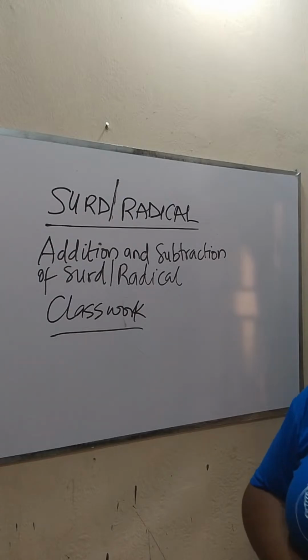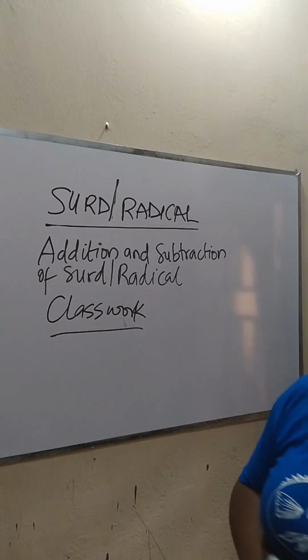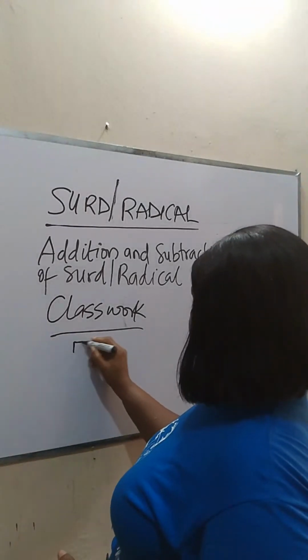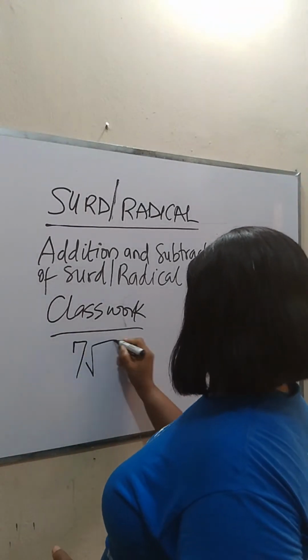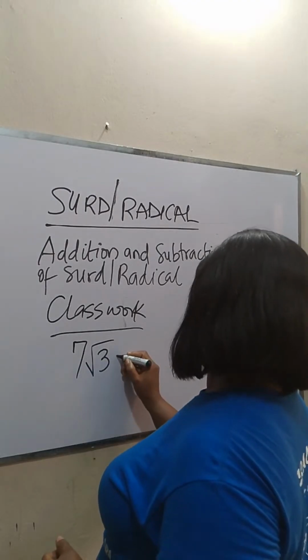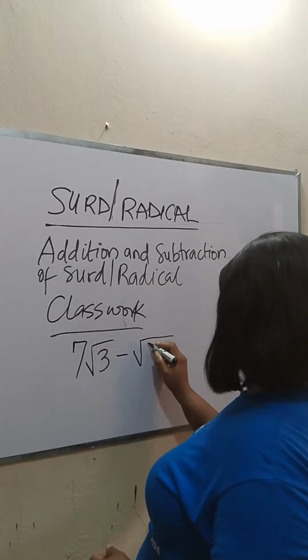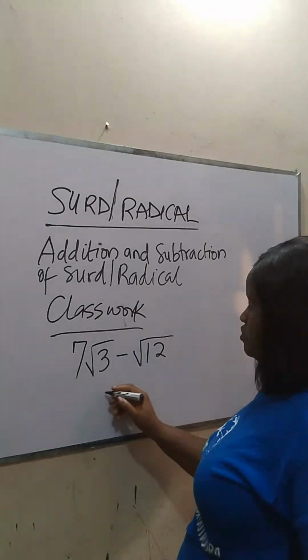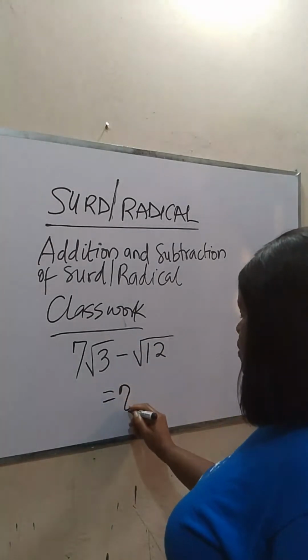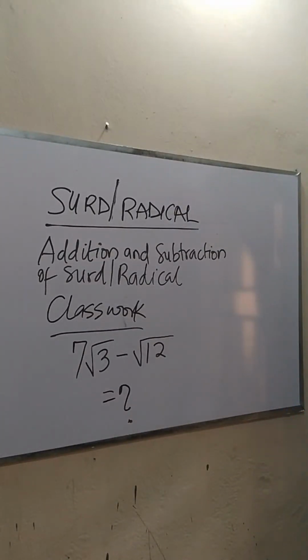Solve 7 root 3 minus root 12. Solve it. Drop your answer. Please solve it. Let me see your answer. Let me be sure you're understanding what I'm doing. I need you to try so I'll be sure that you are following me. Please try something.